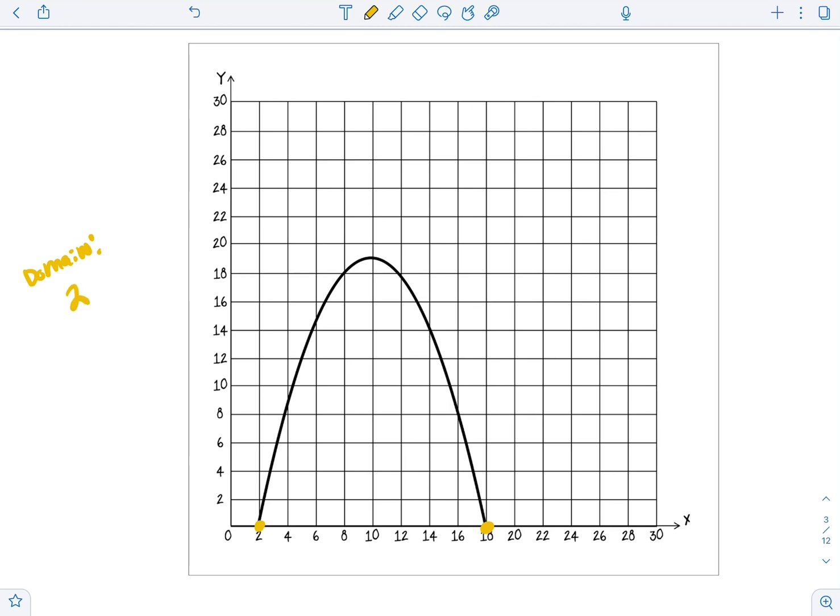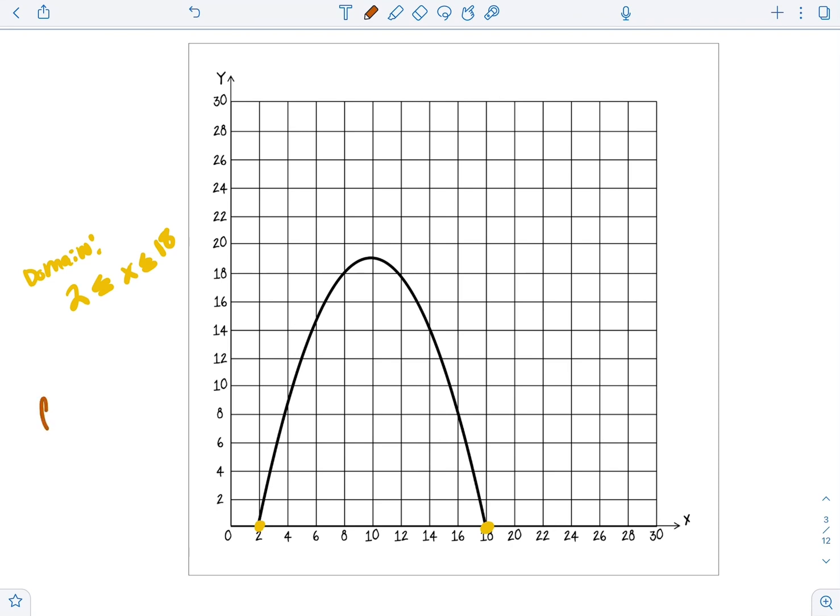So we're going to do 2, 18, x in the middle, and then let's not forget, this doesn't show whether it's open or closed, so we're going to assume closed, so it's less than or equal to.